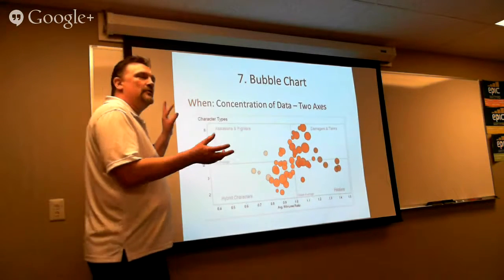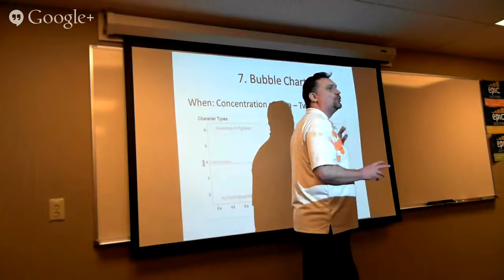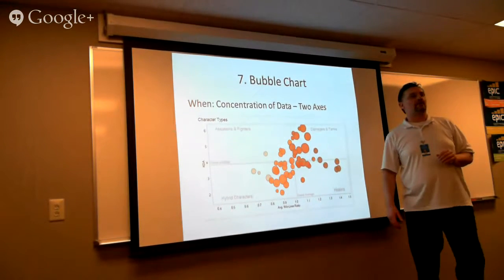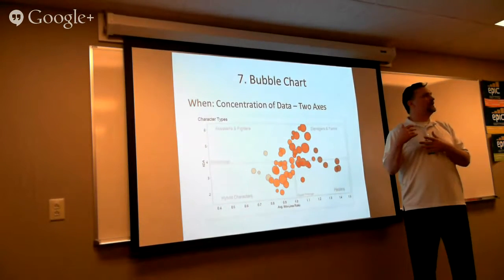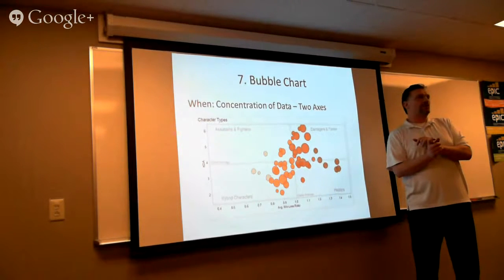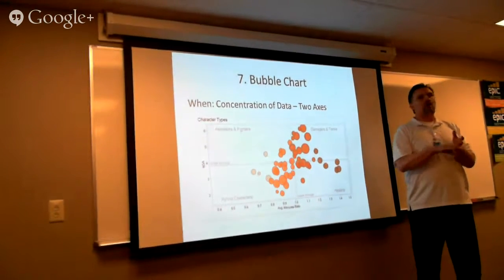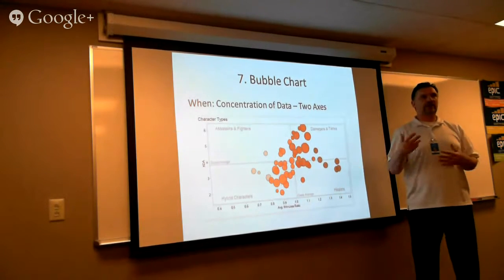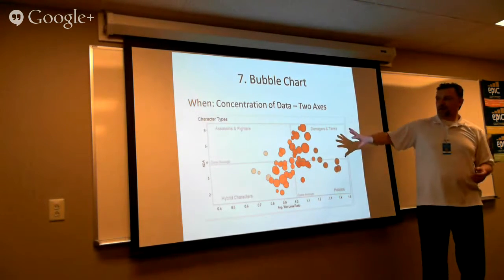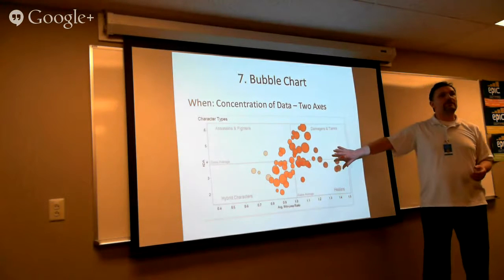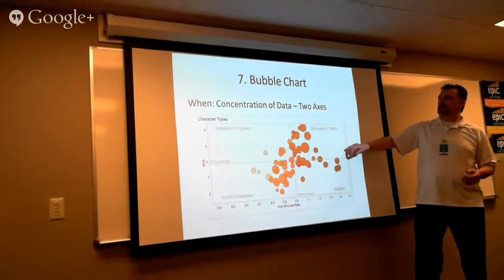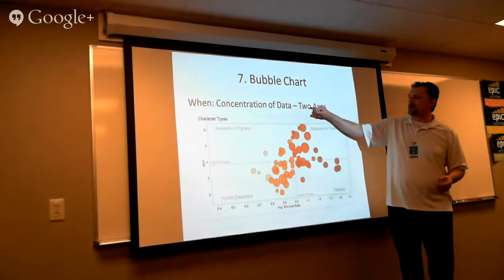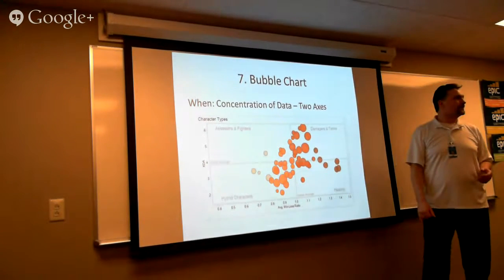Now we're getting into some charts that used to be rare, in the sense that they used to be either hard to compute or hard to draw. But now with the data we have, this is much, much more feasible to pull together. So this is a bubble chart, concentration of data on 2 axes.